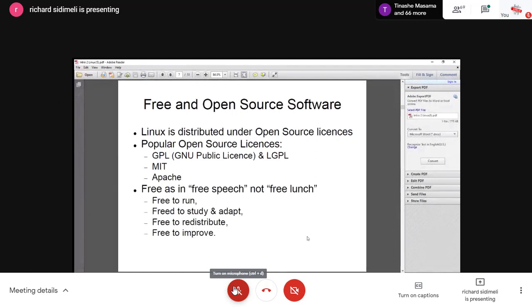So it will be free to run, free to study, to adapt, free to redistribute, and free to improve. Which means if you are an academic, you want to be able to run it, study it, and adapt it for anything that you want.